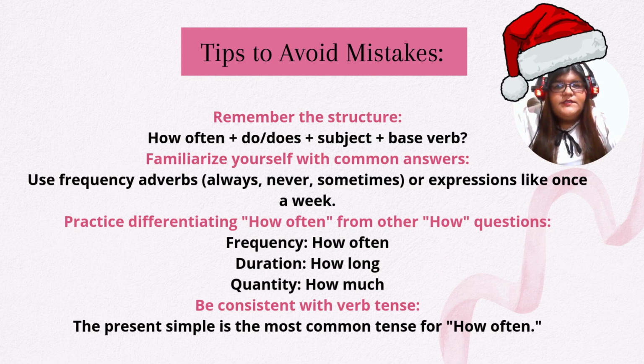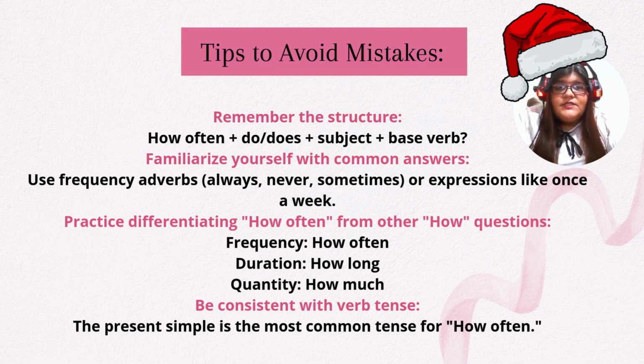So now, guys, let's see some tips to avoid mistakes. I decided to create them for you to speak like a pro. Remember the structure: how often plus the auxiliary verb do or does plus the subject plus the base form of the verb. Familiarize yourself with common answers.